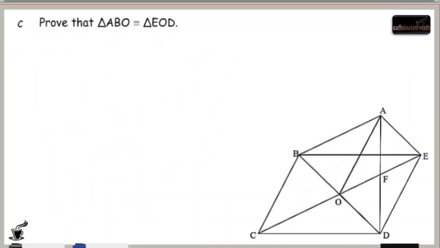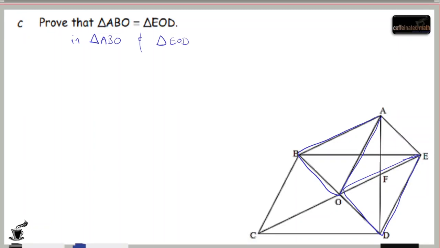Final one. Now they want triangle ABO to be equal in shape and size to triangle EOD. So let's have a look at ABO. That's ABO. Alright, and where's triangle EOD? Well, that's triangle EOD. Well, let's just give it to them in triangle ABO and triangle EOD.